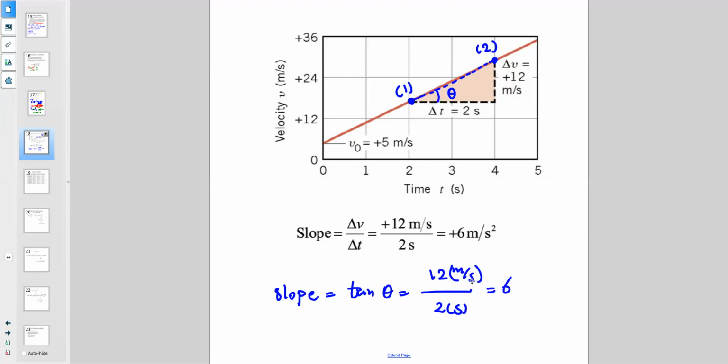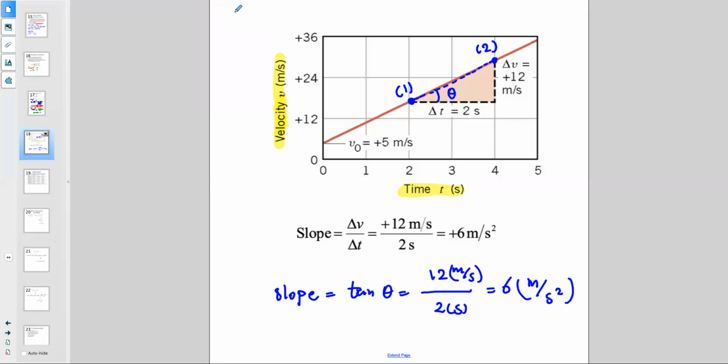Meters per second divided by second, which is meters per second squared. Simple as that, really. The slope of a line that connects the two points in a VT graph is giving you the acceleration.